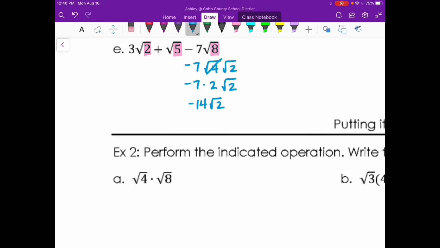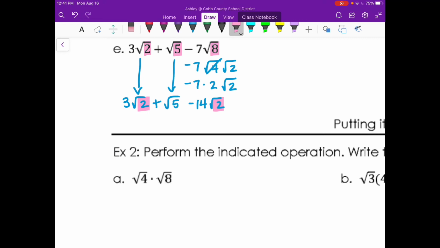Now those other two expressions that we started with, they didn't need to be simplified, so we're just going to bring them down so that we can work with them. So we have 3 radical 2 here, plus radical 5 here, and then we'll be subtracting 14 radical 2. So which of these two radicals can be combined? It's the ones that have the matching radicands that we can add or subtract together.